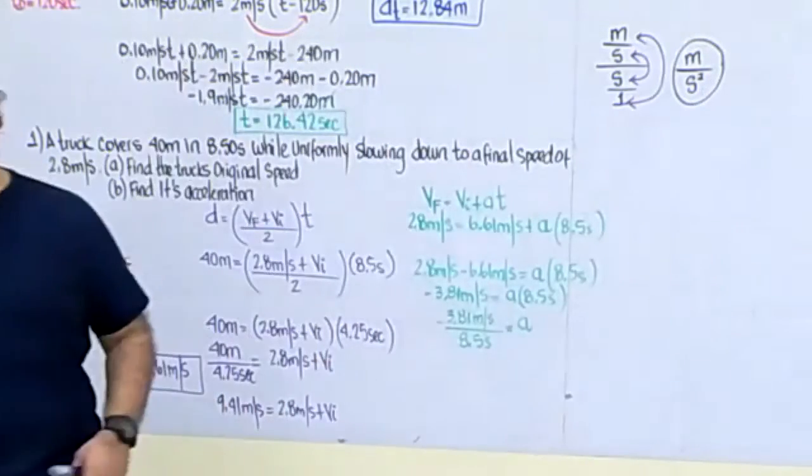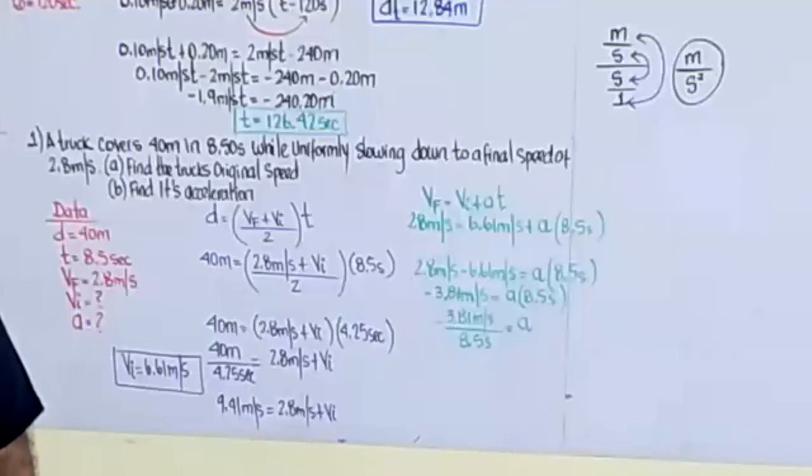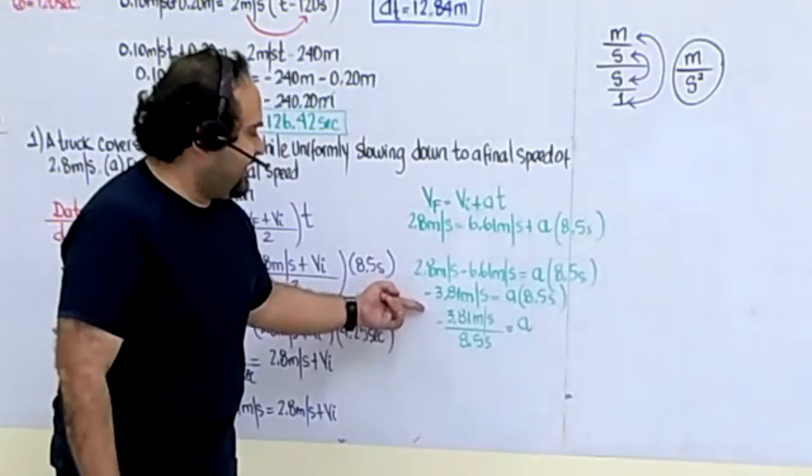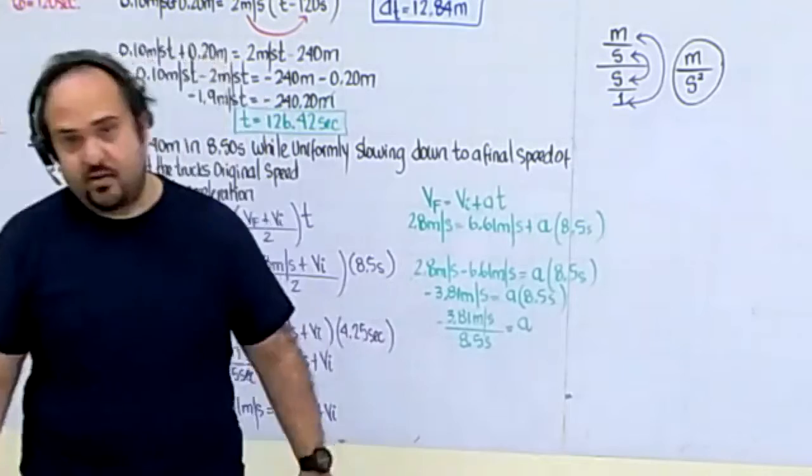That's why we cannot cancel the seconds every time we divide velocity by a period of time.